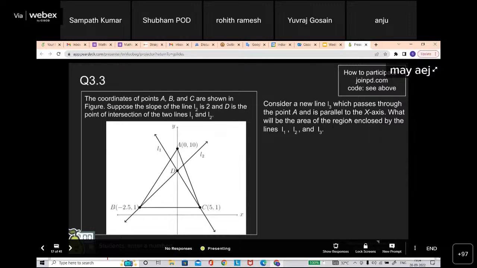What will be the area of the region enclosed by these three lines? If it is parallel to this line, it will create a triangle. So what is going to be the area of that triangle?